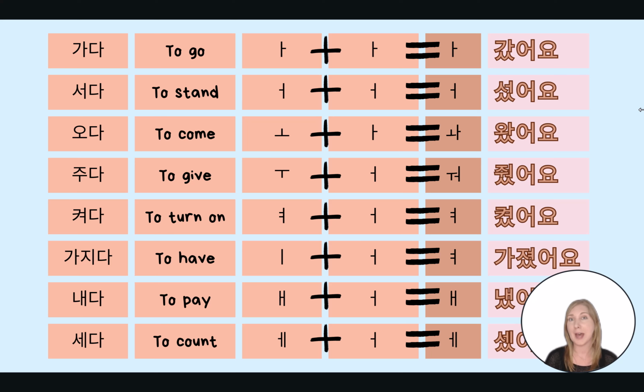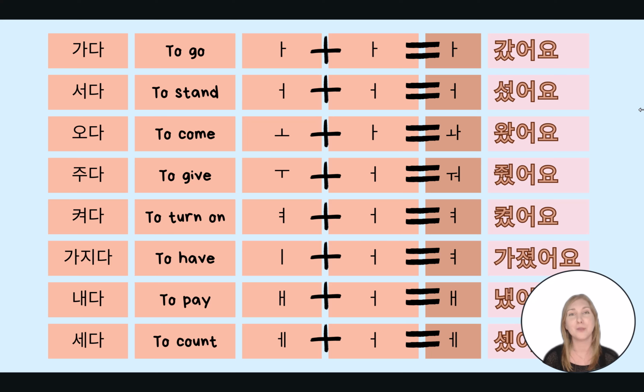The next one we have is 오다, to come. Now, our verb stem is o, right? So it's the first rule that applies. So we are adding 았어요. Now, what happens when o and a meet? They combine into the complex vowel wa, and so this becomes 왔어요.